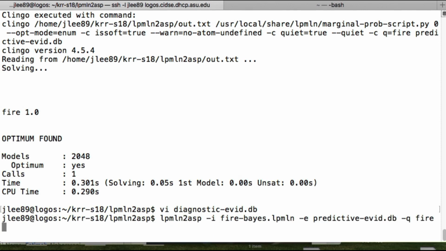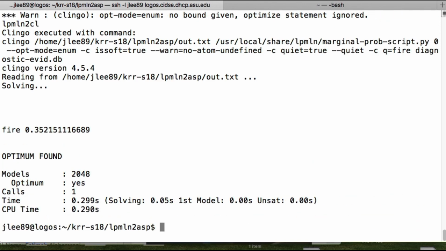Let me use a different one. So you get the probability of fire to be 0.35.